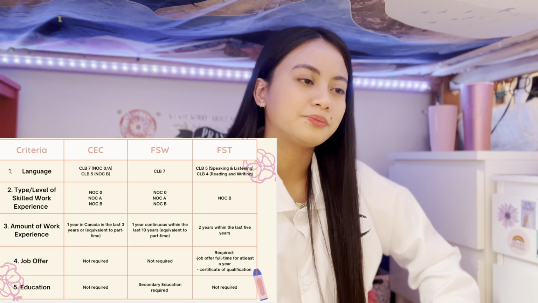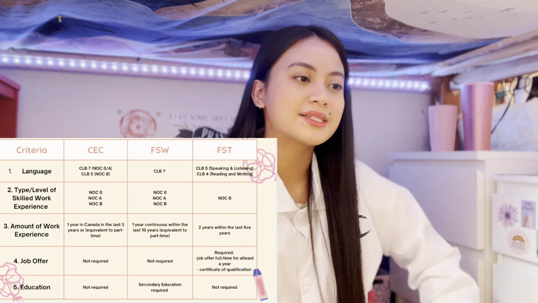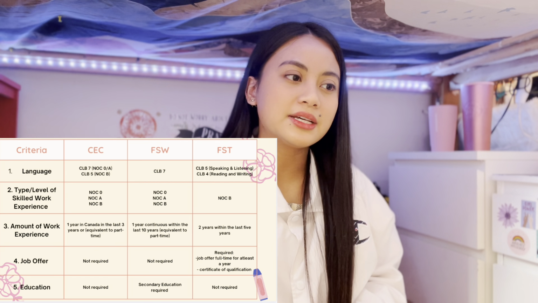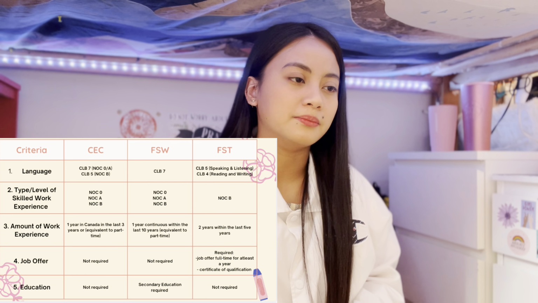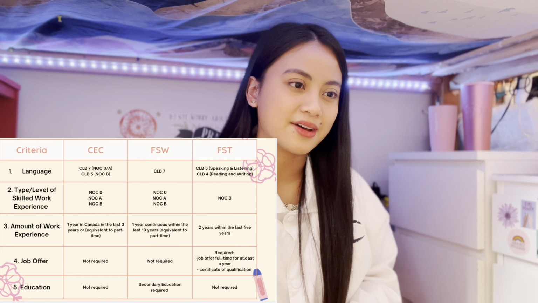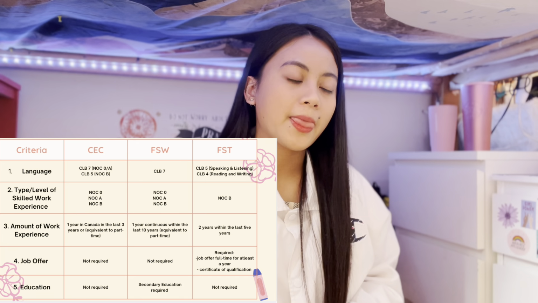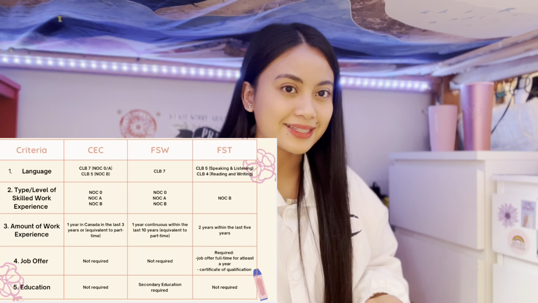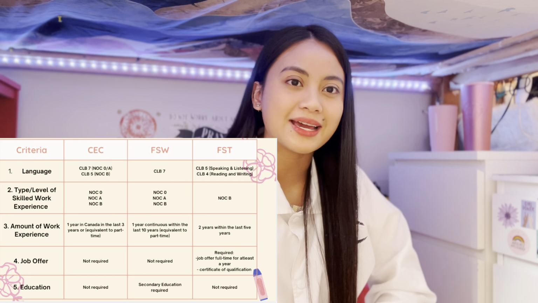CEC requires CLB 7 if you are NOC 0 or A, and CLB 5 if you are NOC B, while for FSW you have to obtain CLB 7. For FST you have to obtain CLB 5 for speaking and listening, and CLB 4 for reading and writing.